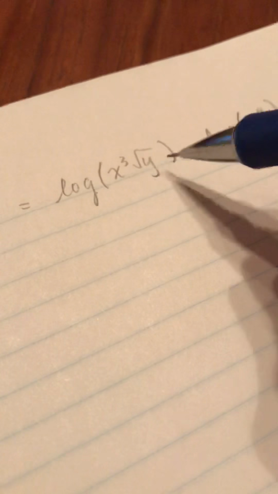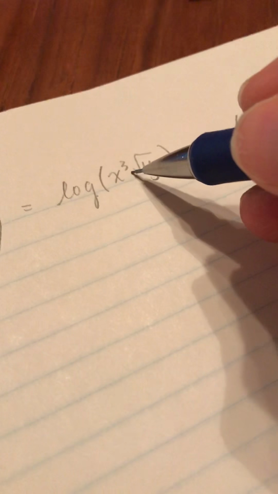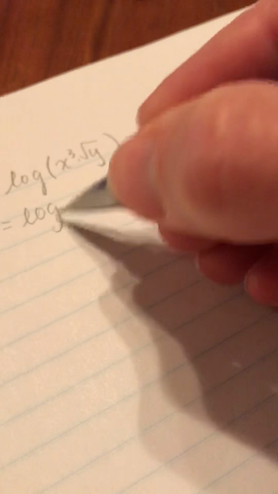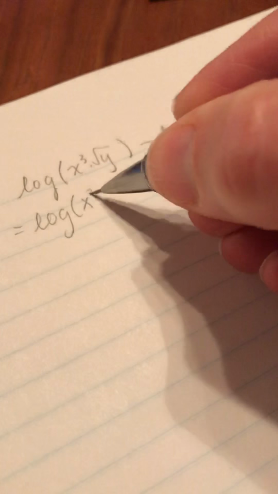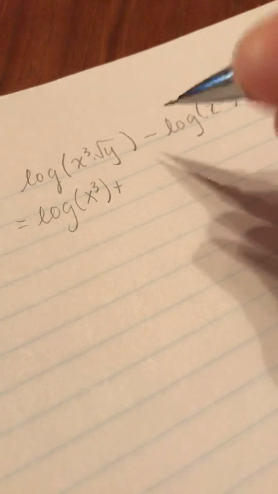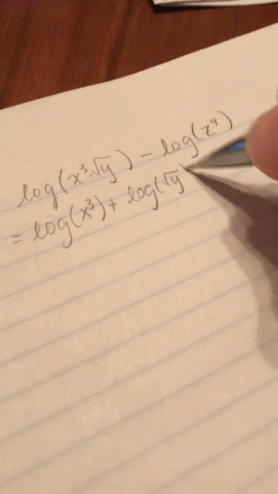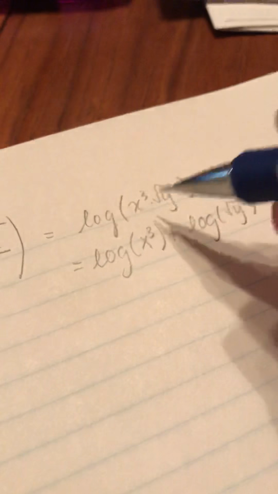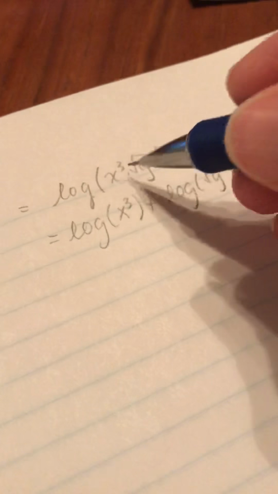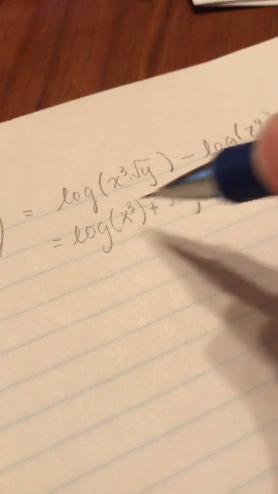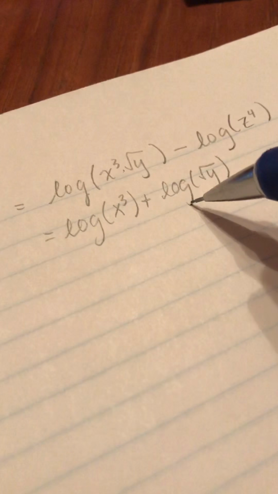Then when you have log of a product, x cubed times the square root of y, that can be split up into log of the first factor plus log of the second factor. So log of a product can be split up into a sum of logs.